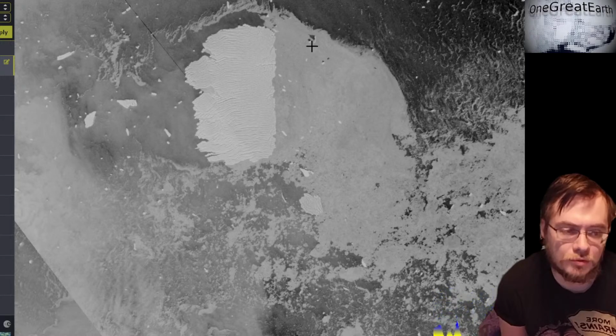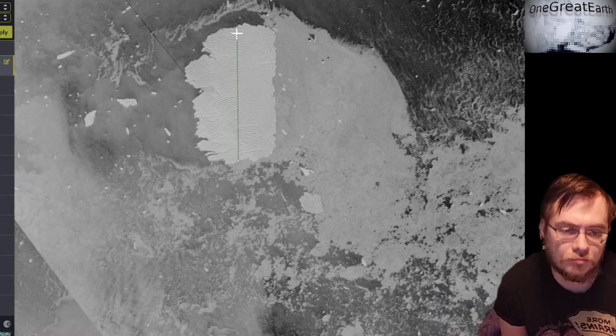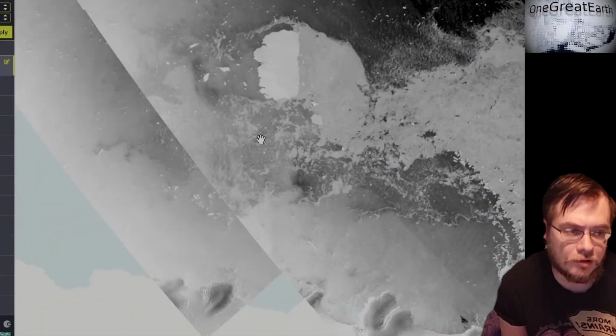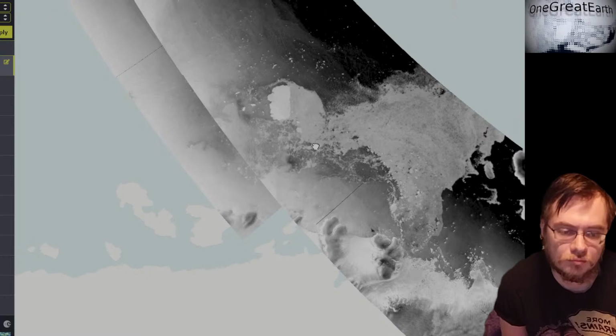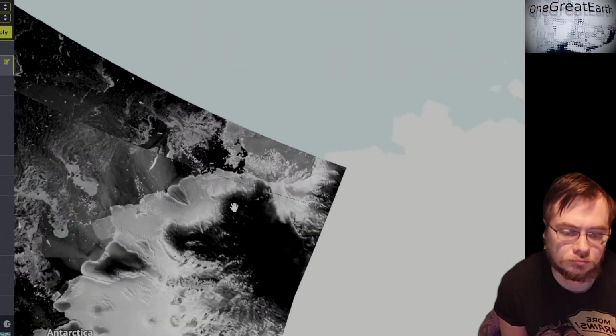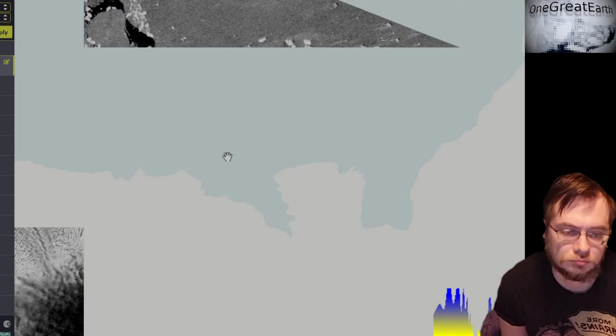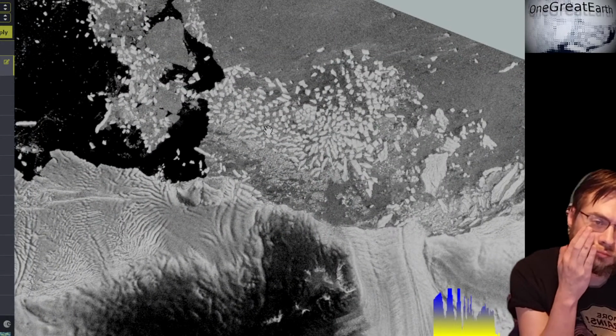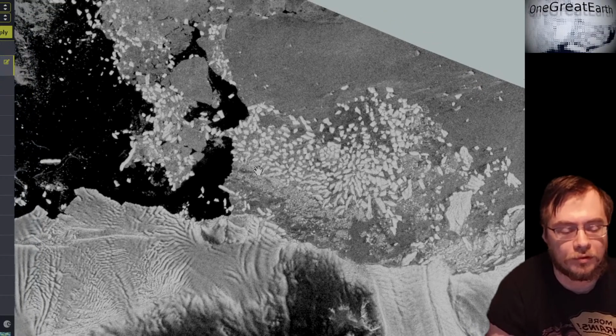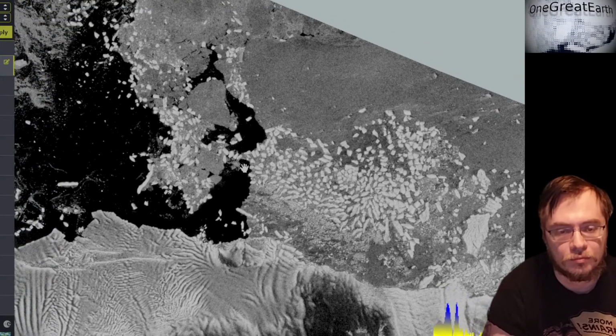We're looking at ice. This giant piece of ice here is 80 kilometers wide. Massive. You can see here another graveyard of icebergs.